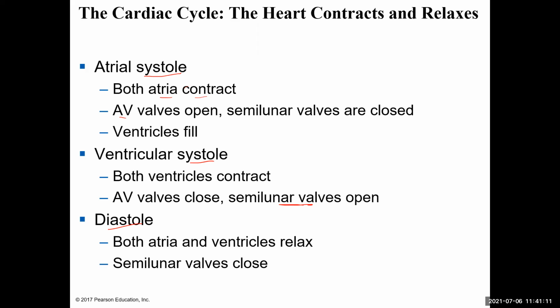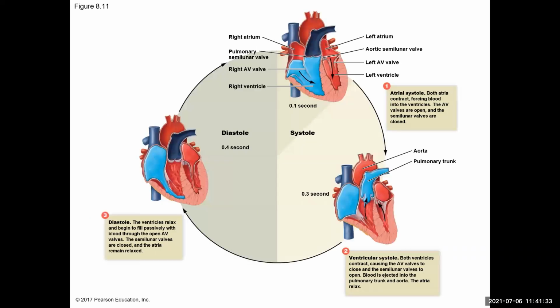Once the ventricle contracts, then both the atria and the ventricles relax, those semilunar valves close, and then you have some passive movement of blood from the atria into the ventricles before the next contraction or cardiac cycle happens, before the next systole happens. Okay?